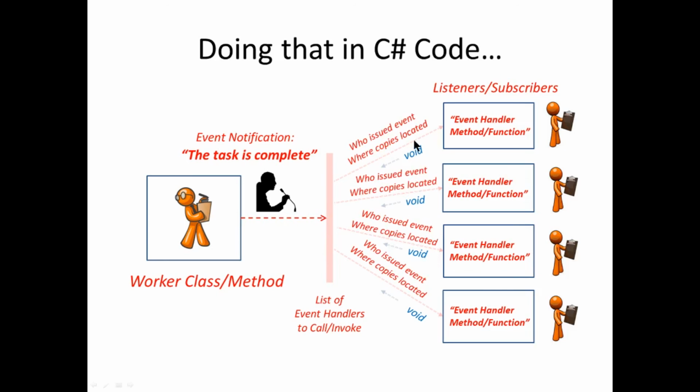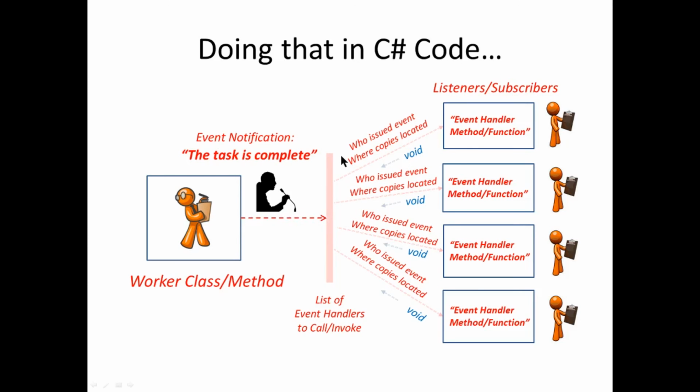Now, he can send out more than just an indication that his task is complete, more than just a simple event. We said that he can say on the loudspeaker, this is Joe, the 4 copies are done, and if you want to get those copies, go to the desk or the table near the water cooler, okay?